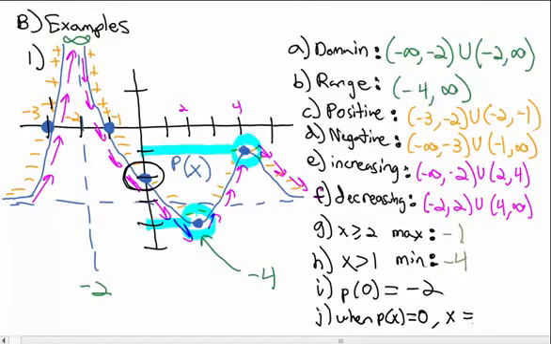Because now we're being told the output. We're being told the solution is 0. What are the x values that give you an output of 0? Well, there's one here at -1 and one here at -3. So x is -1 and -3.